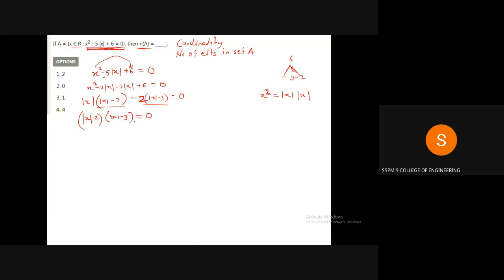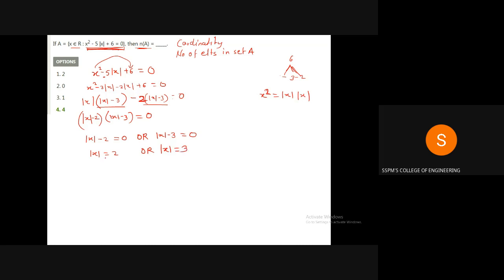The product of them is equal to 0. So we have mod x minus 2 is equal to 0, or mod x minus 3 is equal to 0. That is, mod x is equal to 2, or mod x is equal to what? It is 3.